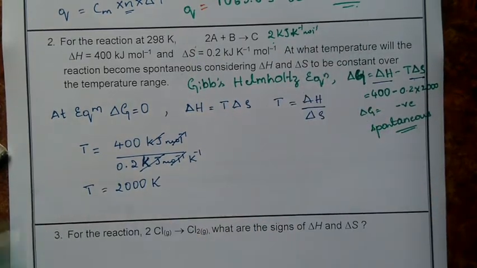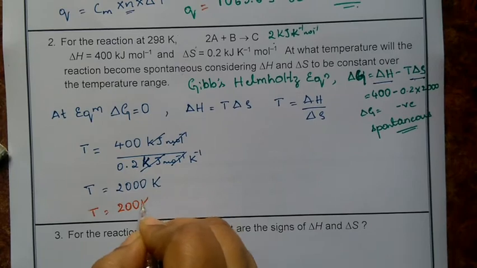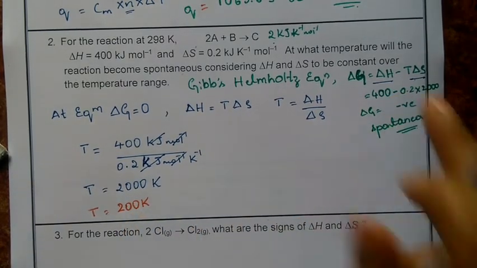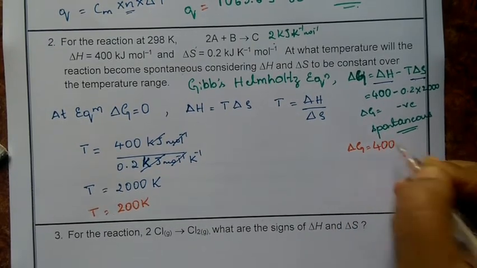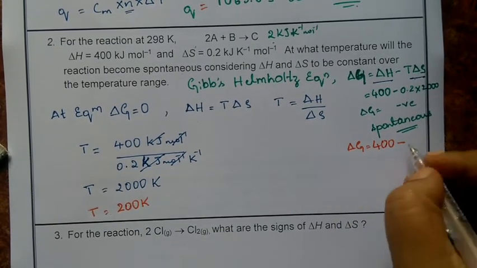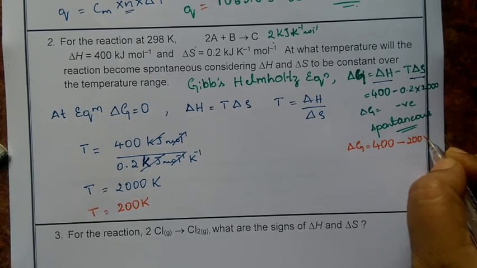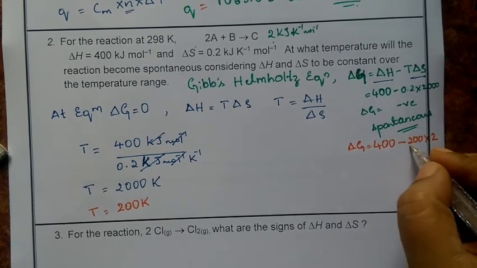Clear? Now, if it is 2, then the temperature will change to 200 Kelvin. If the temperature is 200 Kelvin, we'll substitute here. We have delta G. Here it is already 400 minus temperature 200 into delta S 2, which is 400. Clear? So delta G is now 0.